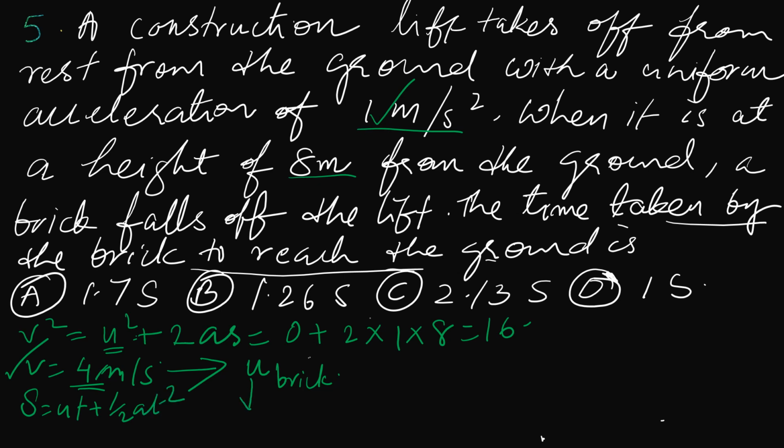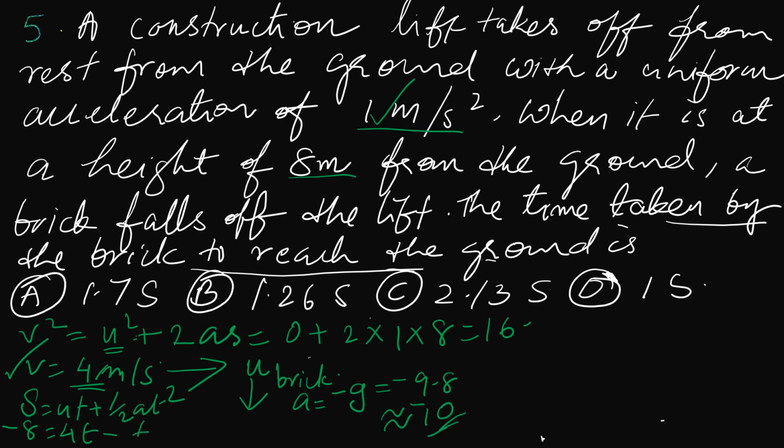Since the brick is falling down, we take distance negative, that is minus 8. u is 4 into t, and a we take as negative acceleration due to gravity, minus g, that is minus 9.8 or approximately minus 10.